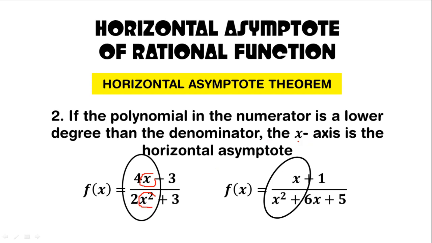So kapag nangyari yun, the horizontal asymptote is the x-axis. So, equation ng x-axis is y is equal to 0.